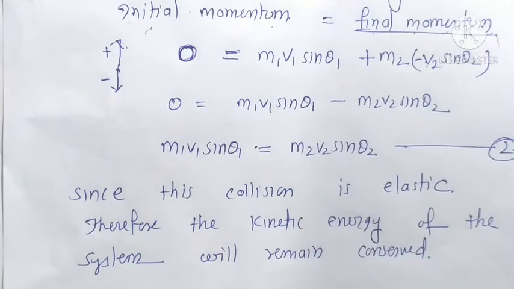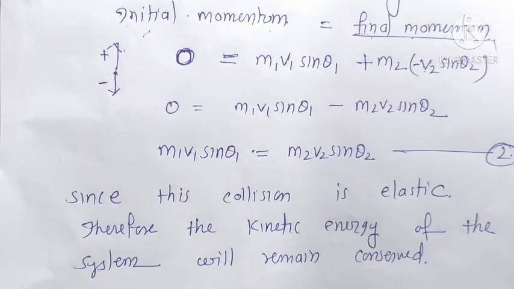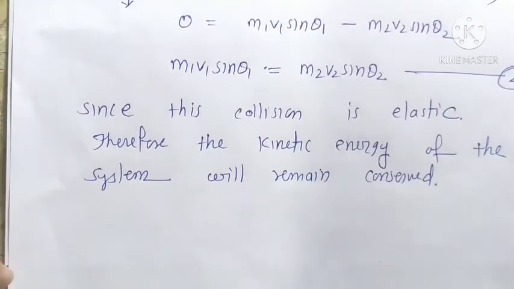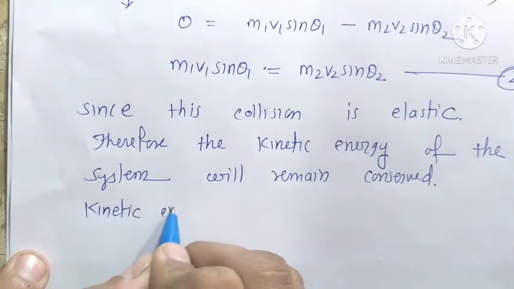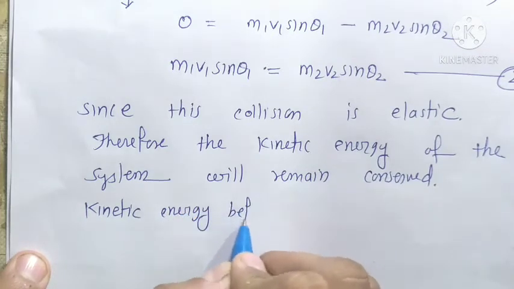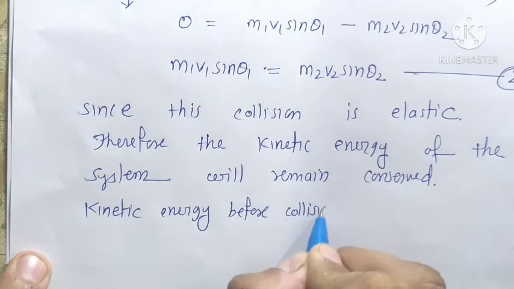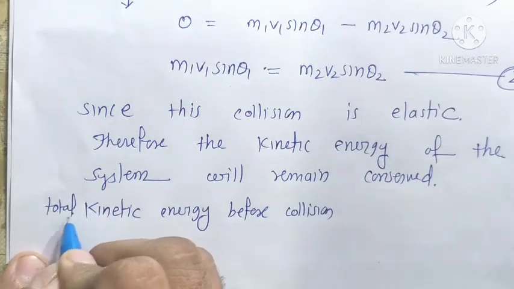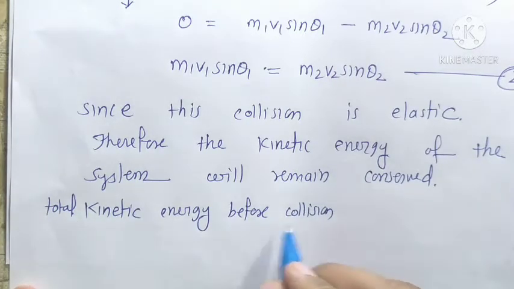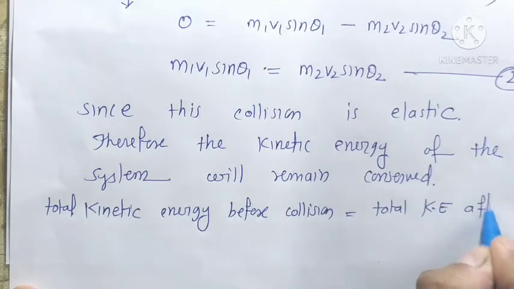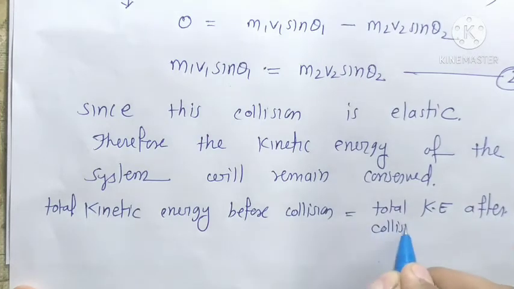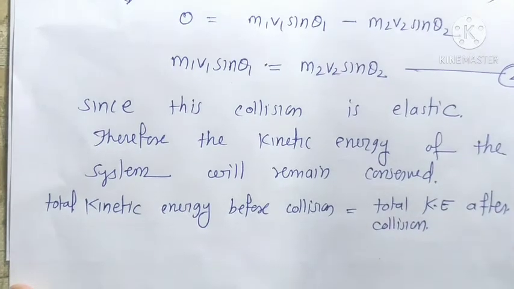So we take the kinetic energy before collision and after collision. Total kinetic energy before collision, of the first body and second body, is equal to the total kinetic energy after collision. So what is the total kinetic energy before collision? The first body is moving with velocity u1 and the second body is at rest.